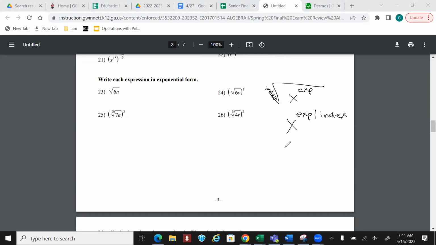Okay, so that's how you write it. Now, there's nothing in this little cubby hole because mathematicians are lazy sometimes and we leave off numbers. So what's actually in here is a 2, and the exponent right here is a 1. So we could write this as 6n raised to the 1/2 power. Notice how I put parentheses around the whole thing, because that 6n is all underneath that square root.